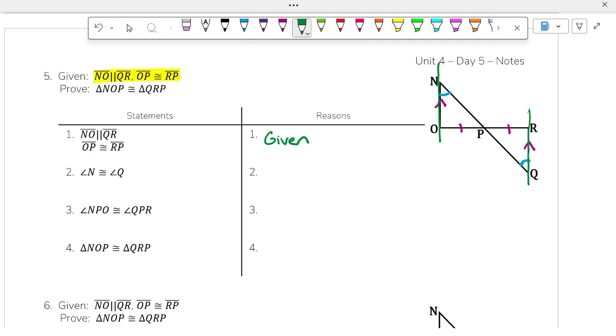I can't change the orientation on my screen, but if you turned it to the side 90 degrees, it's a lot easier to see that those two angles are alternate interior angles. So you would say alternate interior angles are congruent in parallel lines, or at the very least, alternate interior angles are congruent.